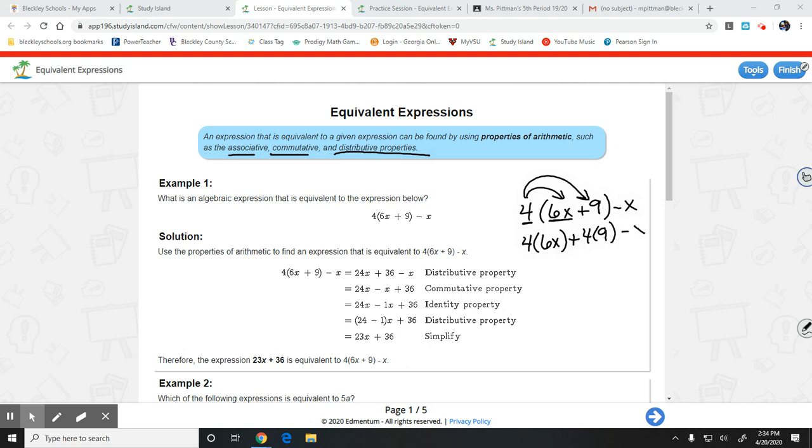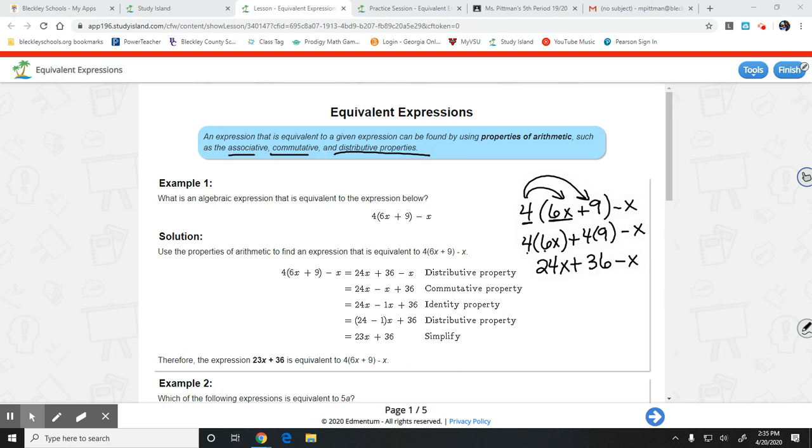Okay, we don't want to forget to bring down our minus x. So 4 times 6x. That x is glued to the 6, so it just stays there. So what's 4 times 6? 24. So we've got 24x plus 4 times 9 is 36. Bring down our minus x.